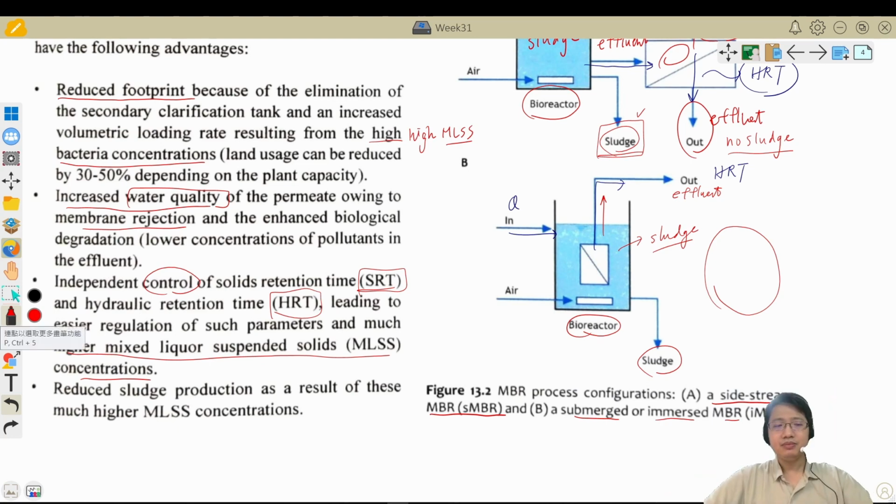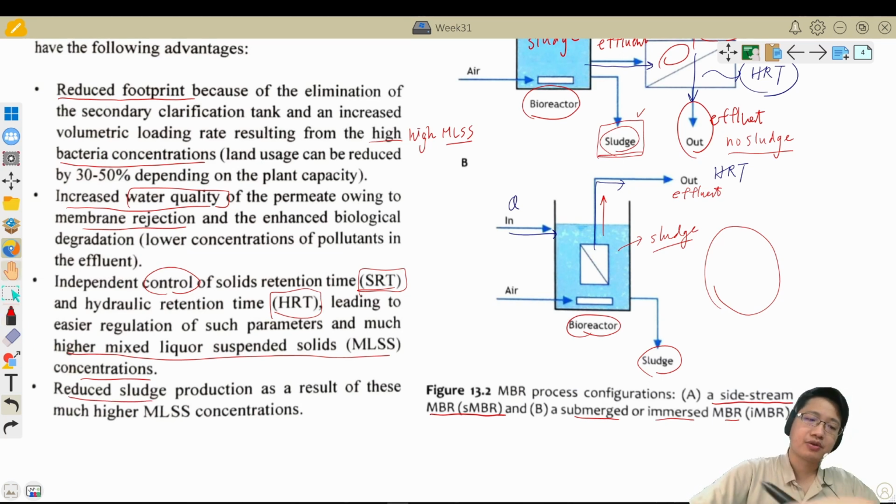And also because you can control the SRT independently of the HRT, you can also reduce the sludge production because you keep more biomass in your bioreactor. So this is basically the advantage of replacing the secondary clarification tank with membrane modules.